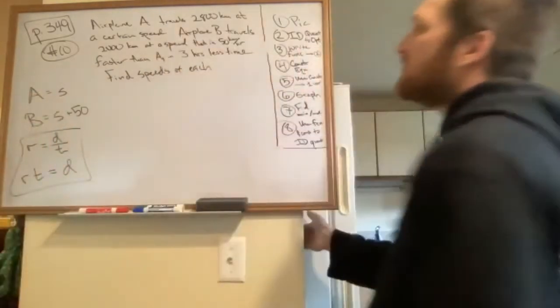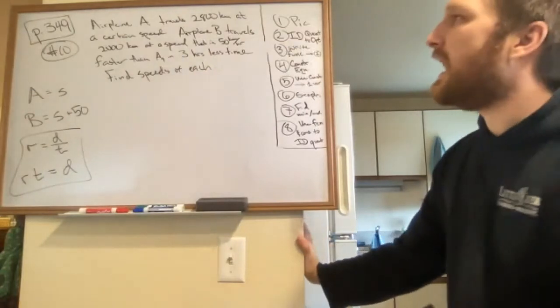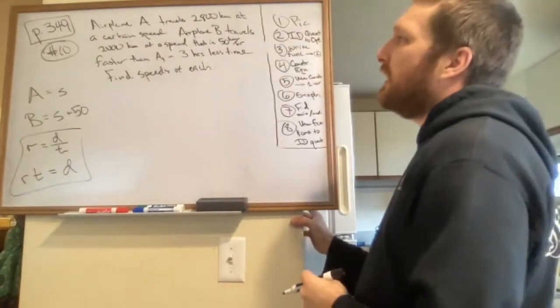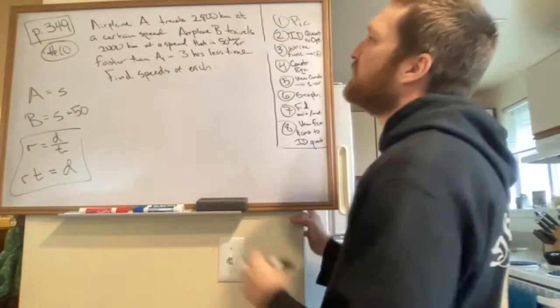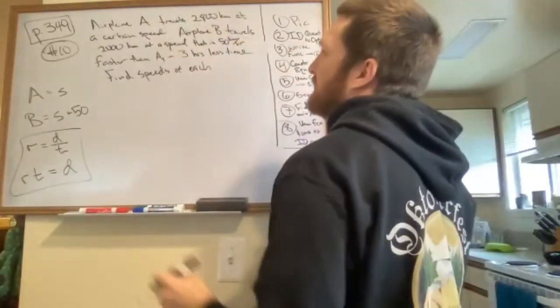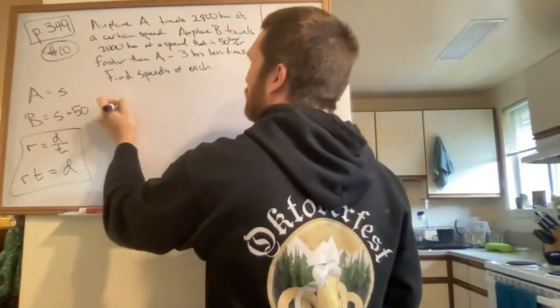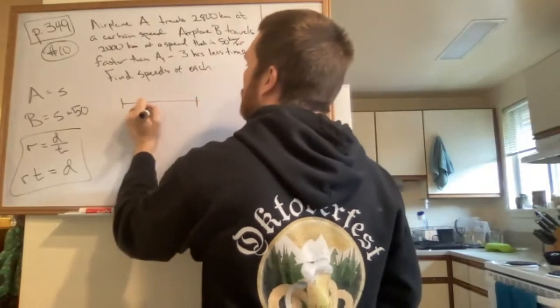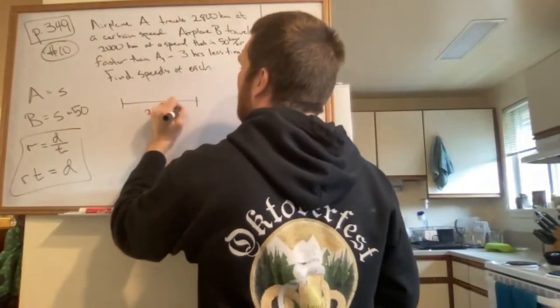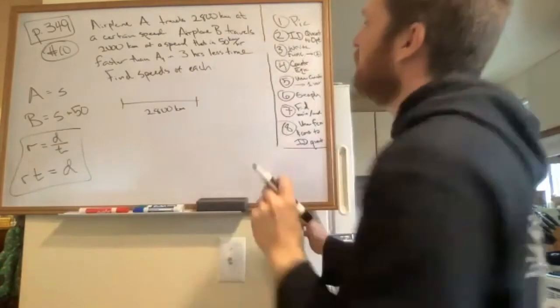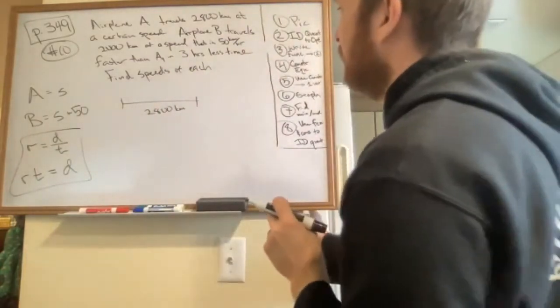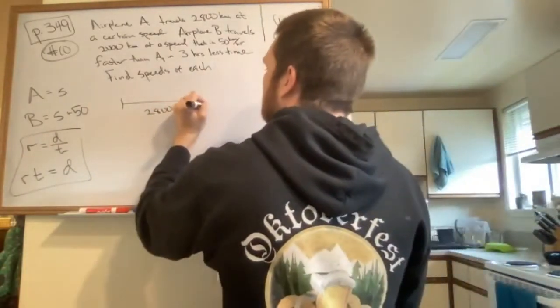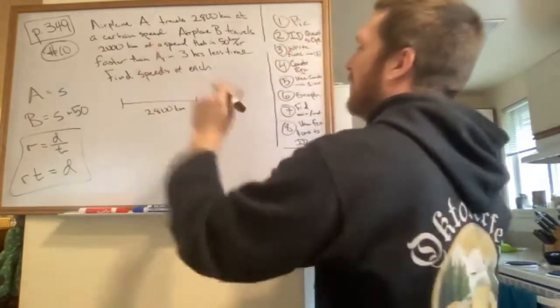If we start puzzling this out, it says that airplane A travels that much at a certain speed, so I like to draw that out. We're going to say 2,800 kilometers at S kilometers per hour.